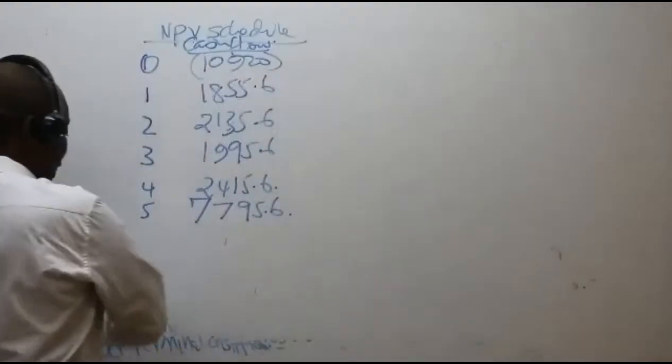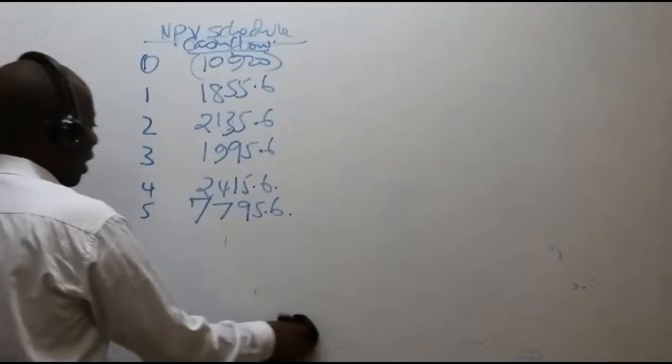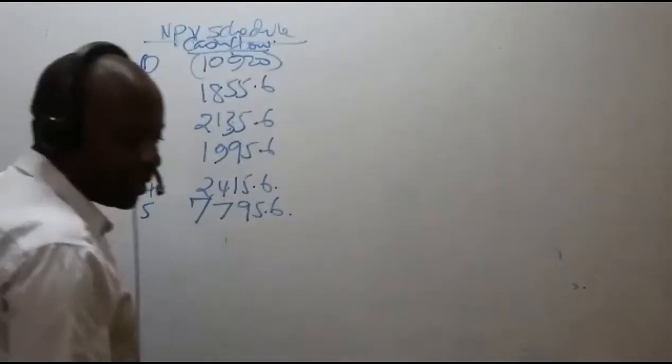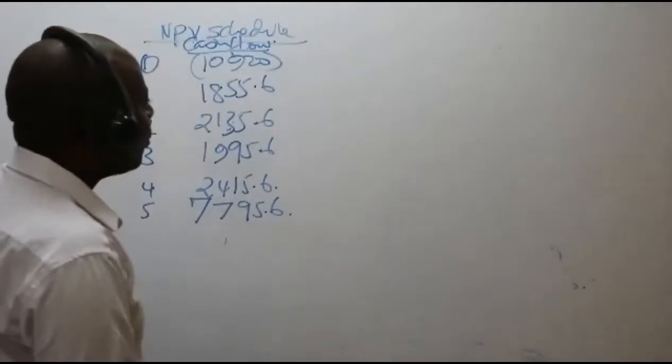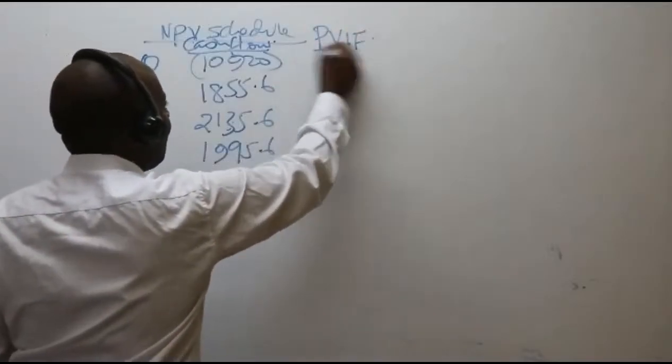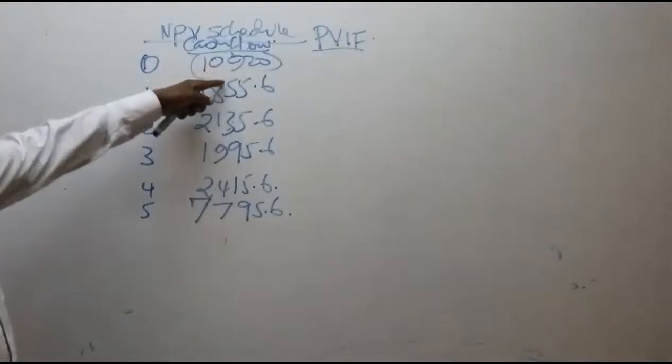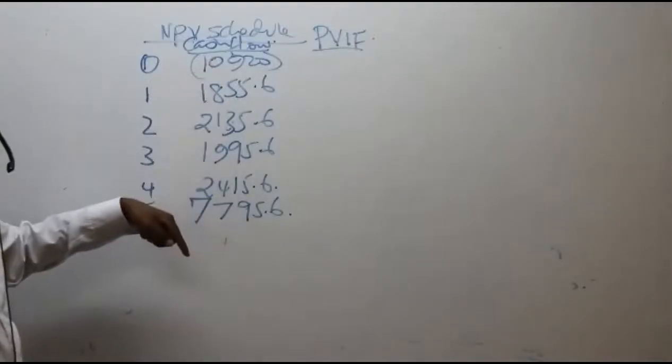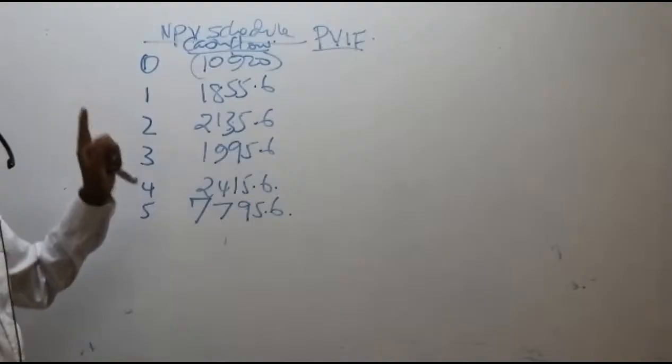Now, ladies and gentlemen, after that, what do we do? Come right away here and discount. We are discounting this using the PVIF, because you can see these cash flows are irregular. So we are going to use the present value interest factor.